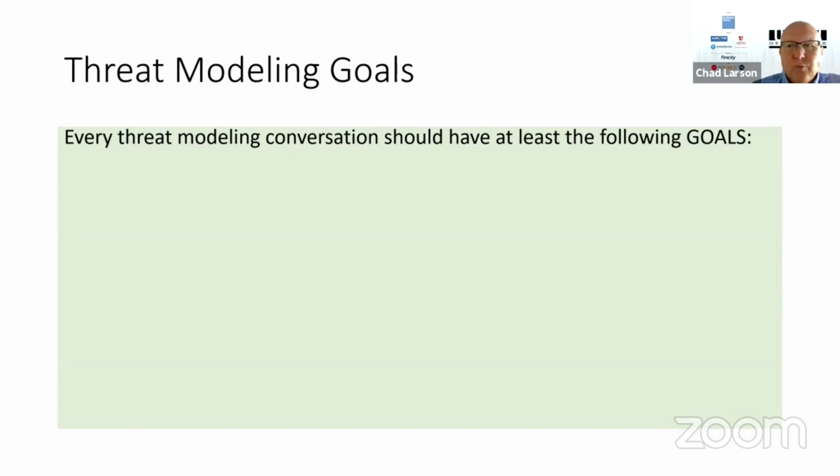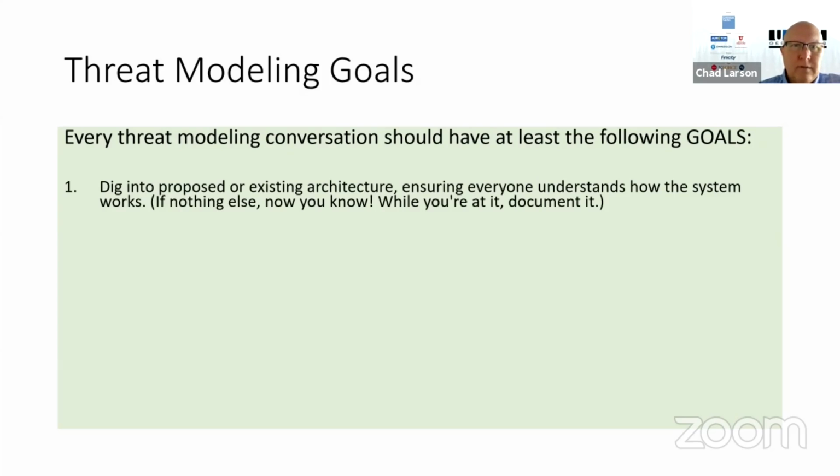Threat modeling is really a conversation, and here's what we want to get out of it. Number 1, we want to make sure that everybody understands what we're talking about and that the system gets documented. Maybe you have new team members, maybe you're a whole new team that was handed this set of software. So we want to make sure that everybody has their hands around it before we start making changes or additions to it.